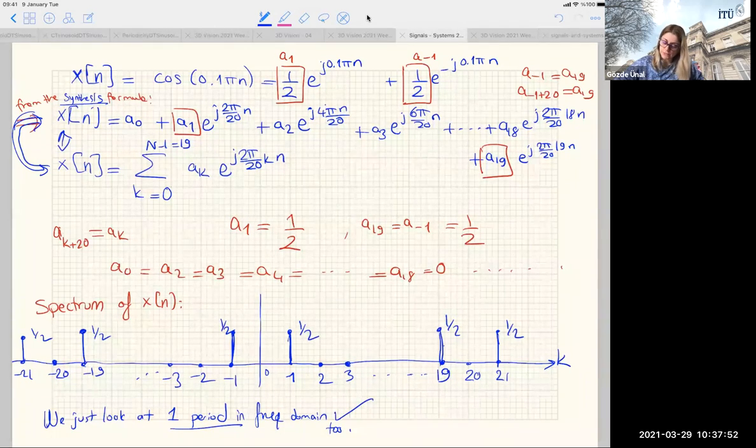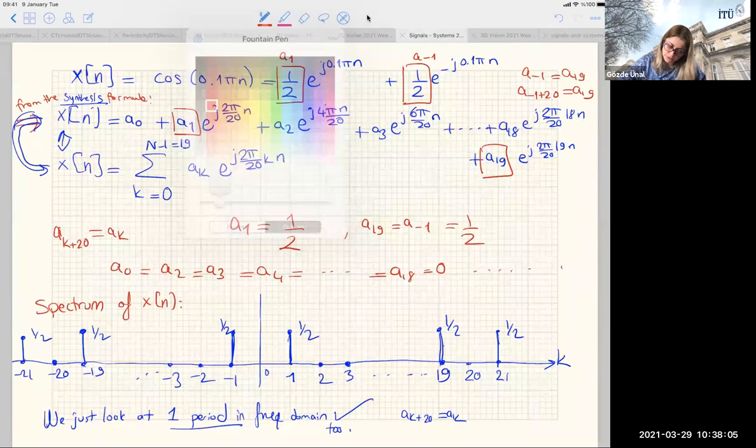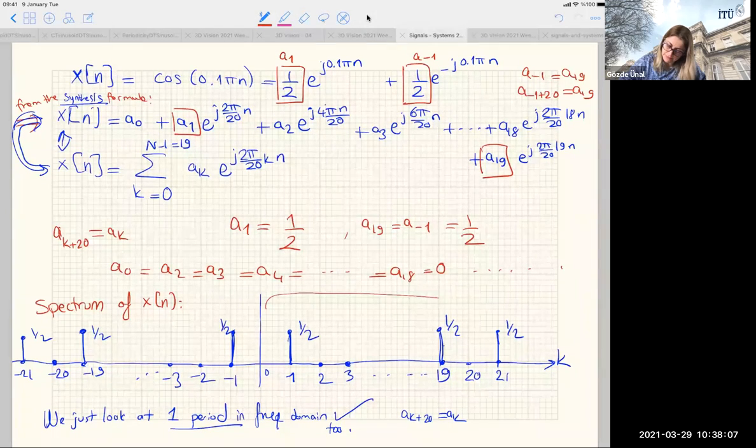Because we know A(K plus 20) is AK, okay? And it's going to be repeating itself every 20 of these. So if you just take a 20 period here, for instance, 0 to 19, this pattern repeats. Or you can take any 20 periods. Is there a question, guys?